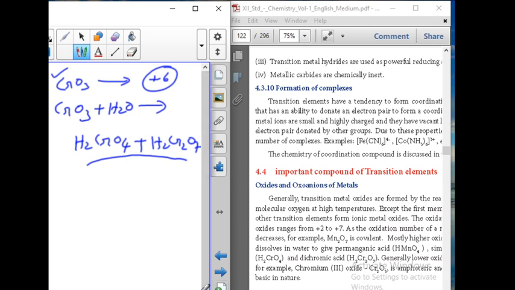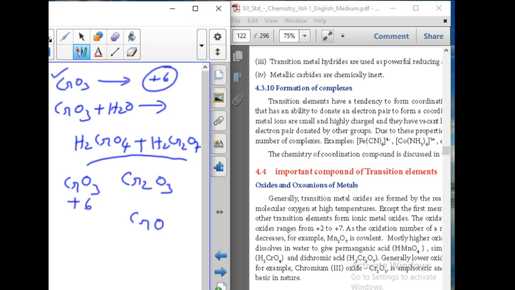Now chromium has different oxidation states. Suppose I am giving some different oxides of chromium: CrO3, Cr2O3 and CrO. Which is acidic, which is basic, and which is amphoteric?